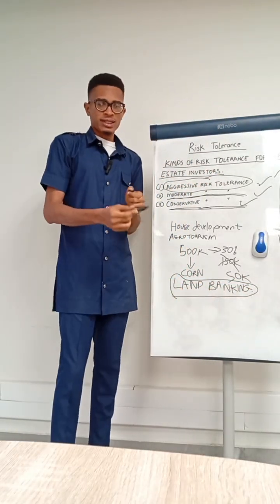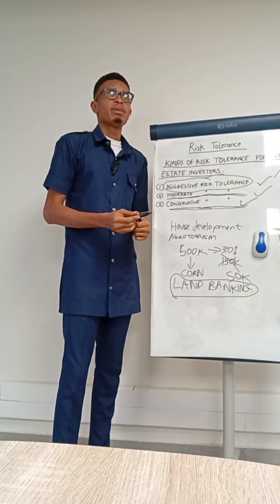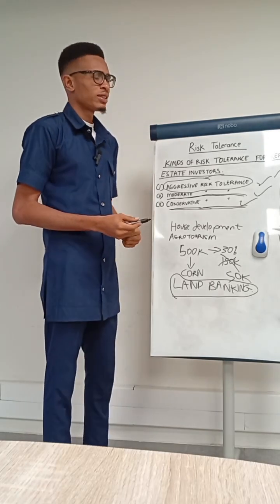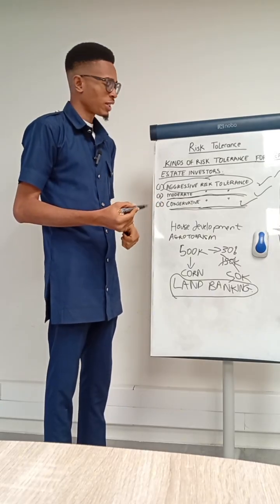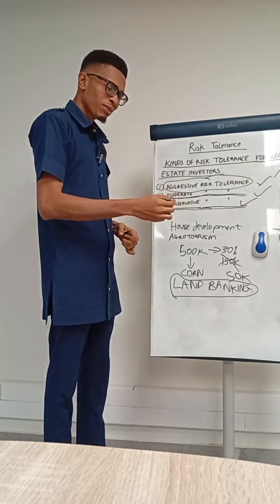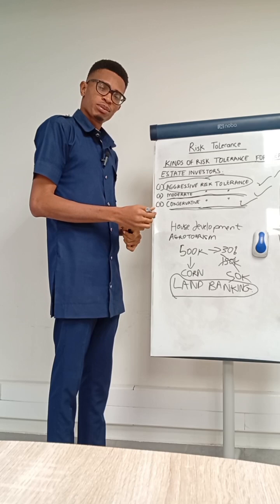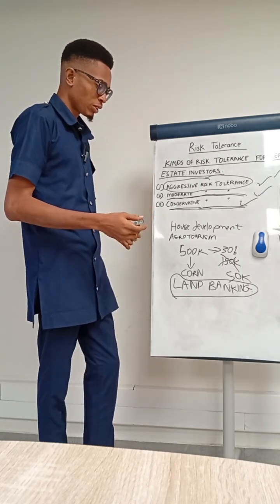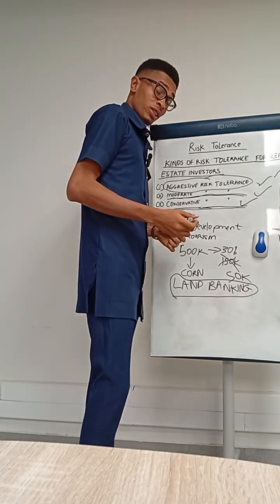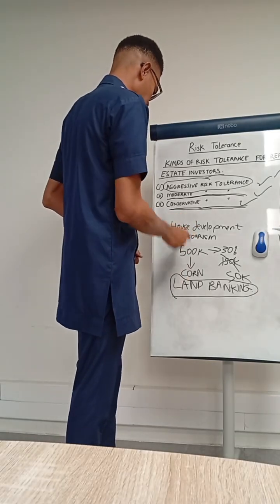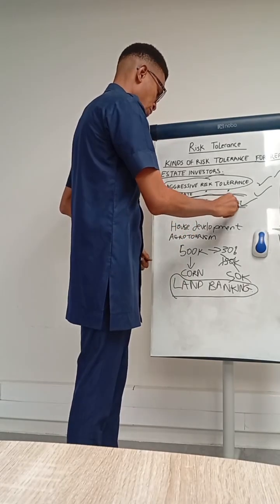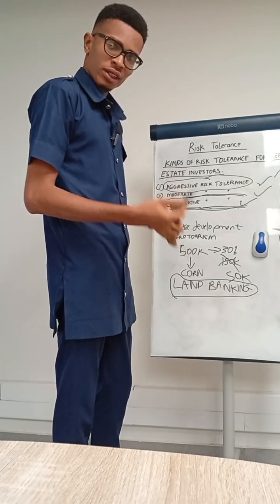It's not an overnight thing. When people tell you, okay, buy land, sell it in 1 year, or maybe sell it in 3 months, that is you're flipping land. You're not doing land banking. Land banking is a long term, very, very long term process. You understand? Sometimes 5 years, sometimes 10 years, sometimes 40 years. All those things determine when your investment will be ripe for you to take the proceeds.